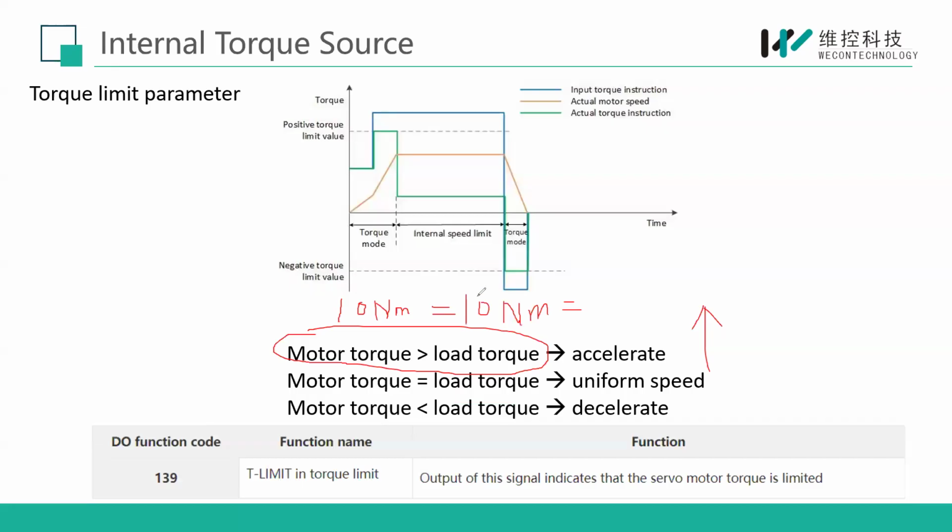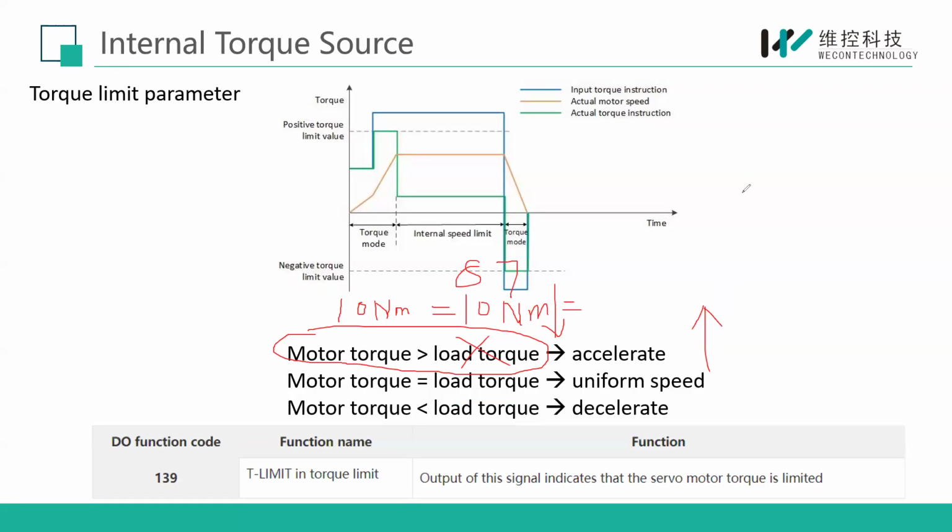It's safe. But for example, if something happens and our load becomes smaller, for example, it changes to 8 or 7, it will cause our motor to begin to speed up and never stop if there are no speed limits.